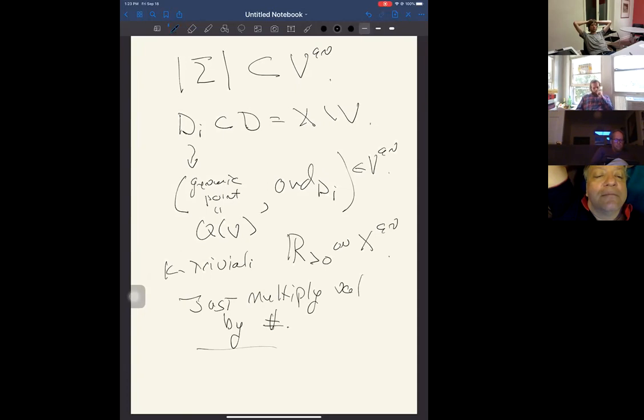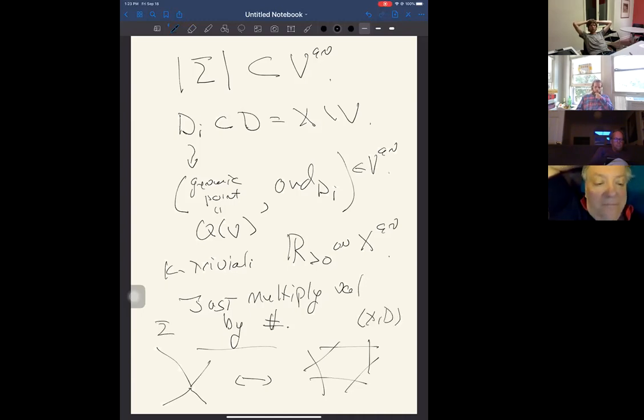So okay, I can draw a little picture now. Here's the dual fan, maybe a two-dimensional picture. This is my picture of my XD, and this is the dual fan, sigma, over here. These rays correspond to the D_i. There should be as many rays as there are boundary divisors.